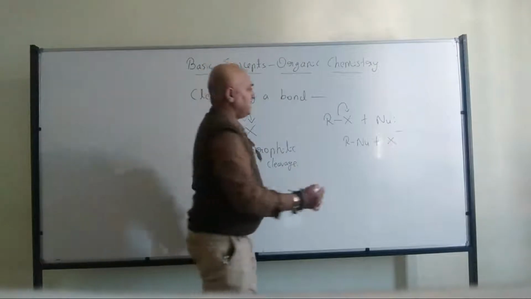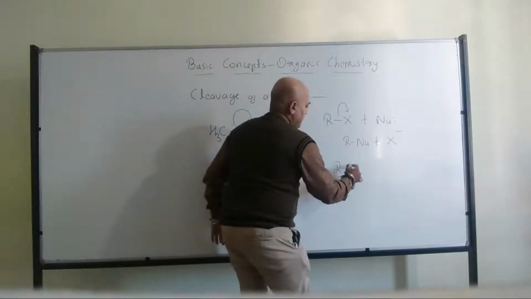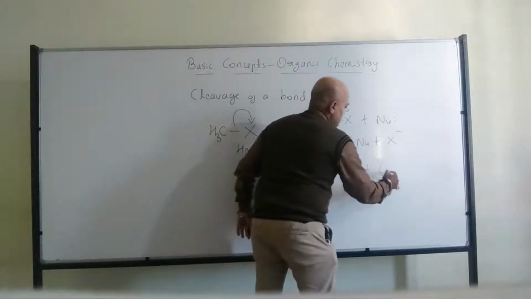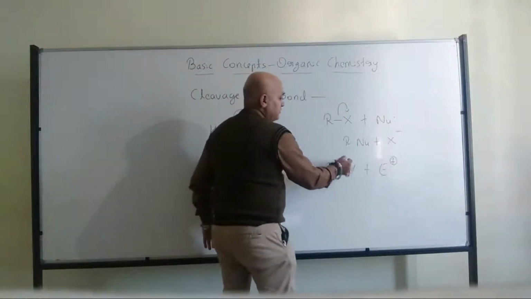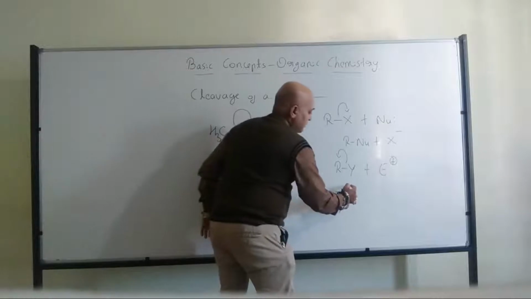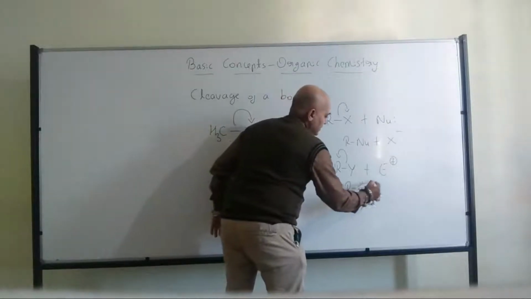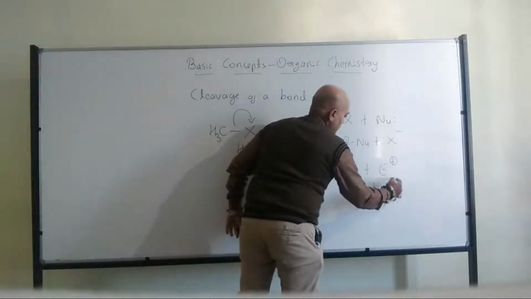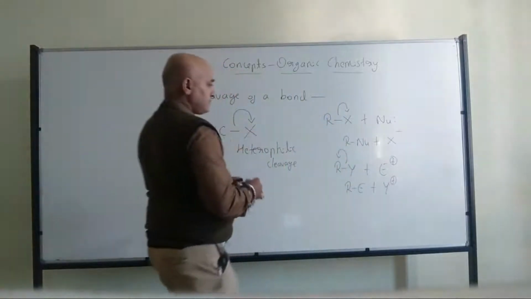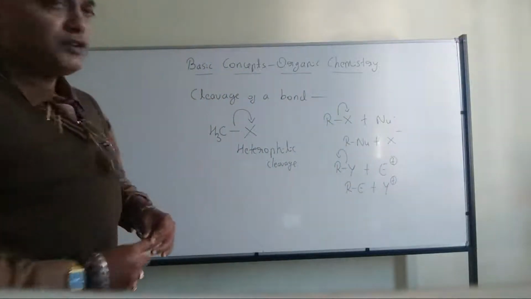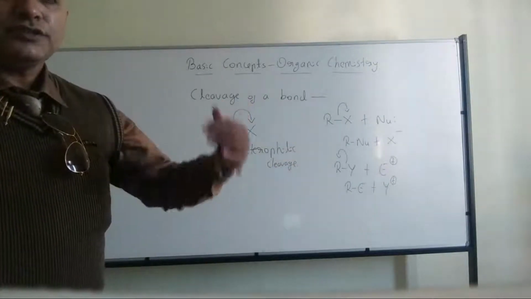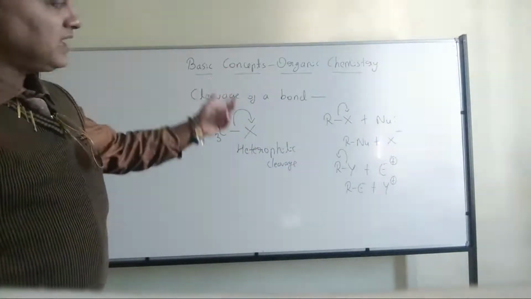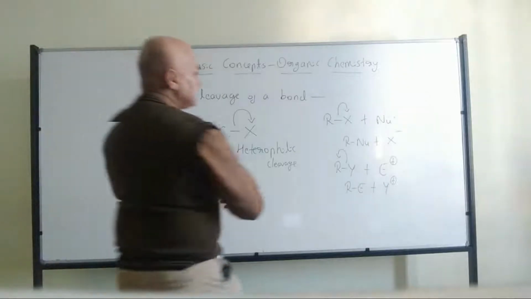In the same way, if I have RY which is approached by an electrophile, now the opposite bond will be cleaved like this. Now what will happen? R-electrophile with Y positive. Got my point? Nucleophilic substitution first, electrophilic substitution second.